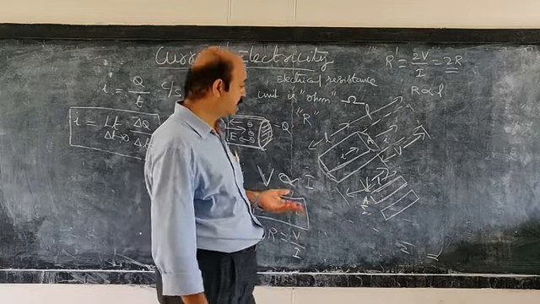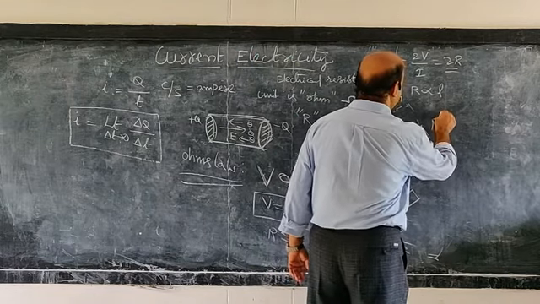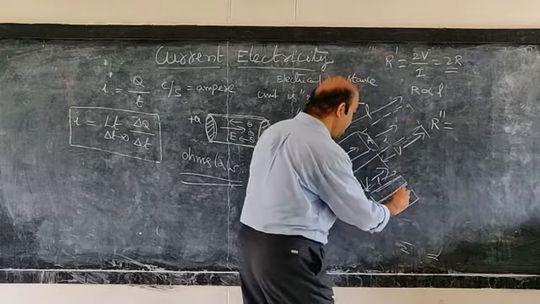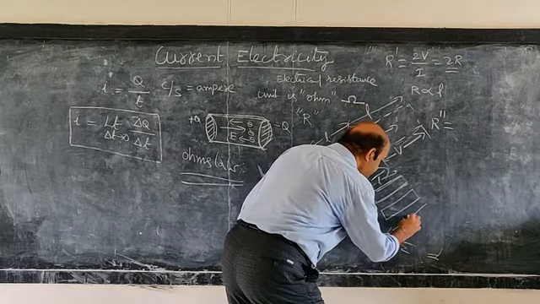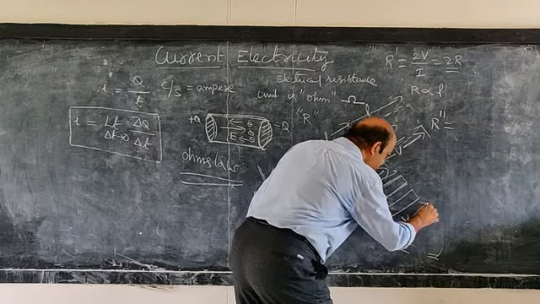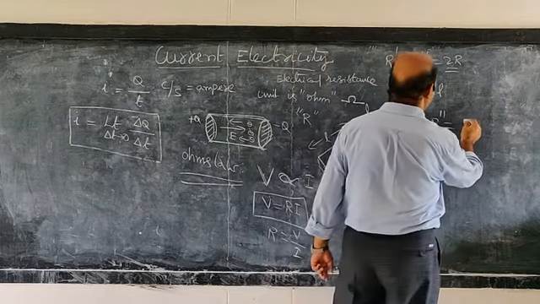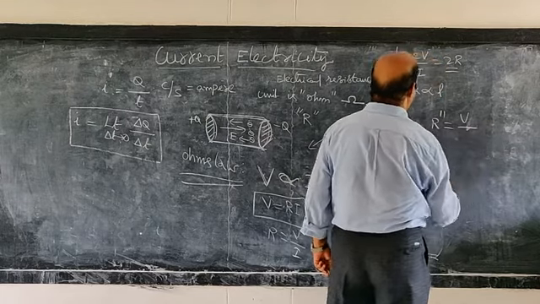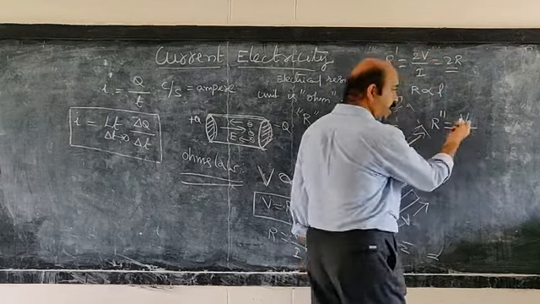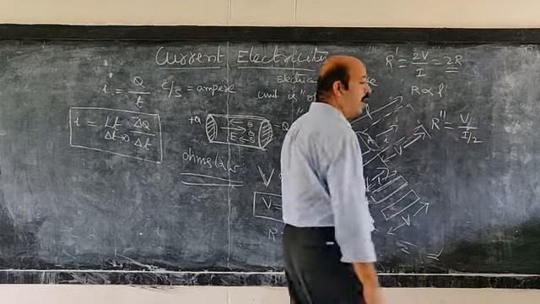Therefore, current also becomes half. Then in such case, we can write R double dash. So you have to apply the same potential difference. So let us imagine the same potential difference is applied. So then R double dash is equal to, and what we have done, the potential difference is same, but current became half.